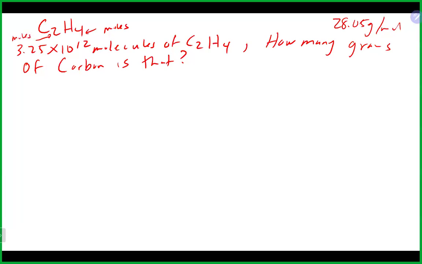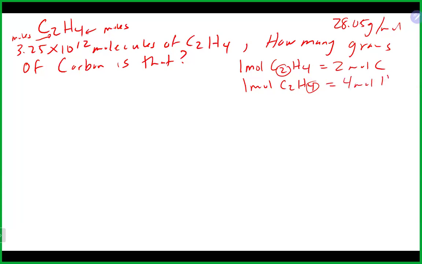So we could actually come up with some conversion factors from the actual formula. And we could say, for example, in 1 mole of the entire thing, how many moles of carbon would there be? There would be 2 moles of just carbon. And again, we could use that as a conversion factor to go from the whole thing to just that carbon, which we're interested in. And we could also say in 1 mole of the entire thing, there would be how many moles of hydrogen? It would be 4 moles of just hydrogen.